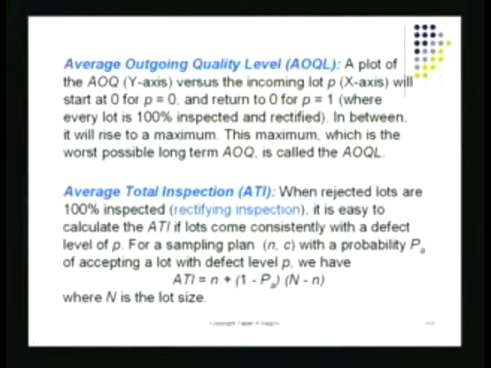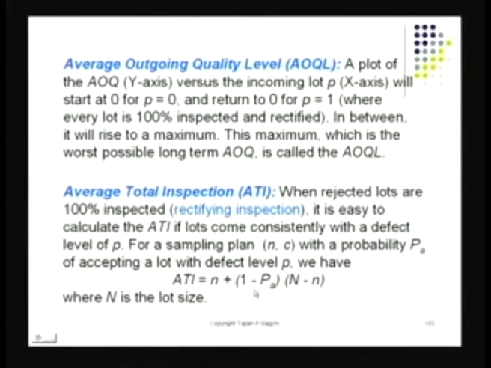Once I do that, it actually means I must inspect everything that is there in the sample, all the items in the sample. That means I must be at least inspecting the little n items, and that's what I inspect right there. So if you look at the average total number inspected, this n is always there. Then you've got the rectified inspection, which means the lots that are rejected.